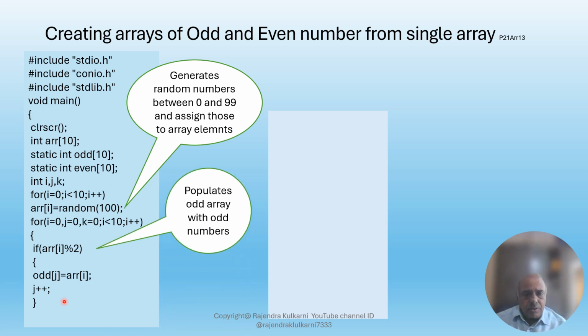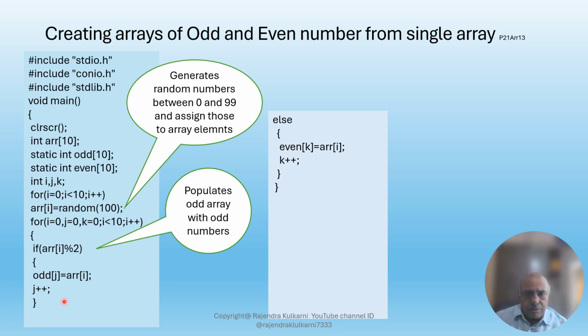So this if, arr[i] mod 2, conditionally populates the array odd with odd numbers. The name of the array I have given is odd.